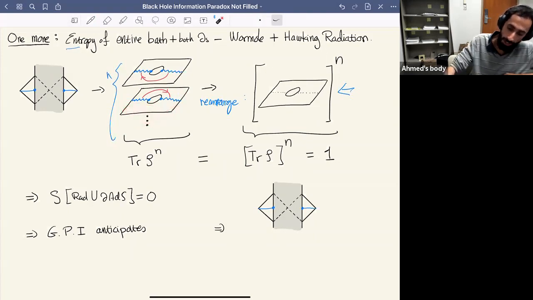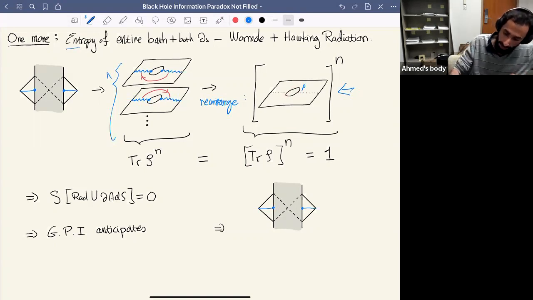And so this picture factorizes into a product of n path integrals, which look like this, with a circle of length beta. Okay, these are now separate calculations.